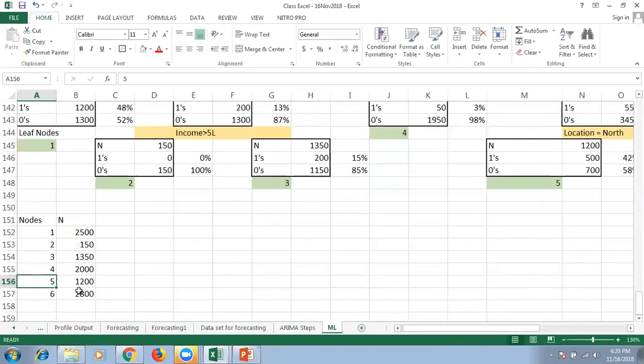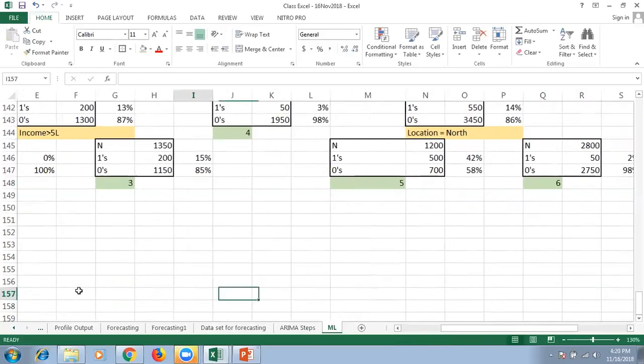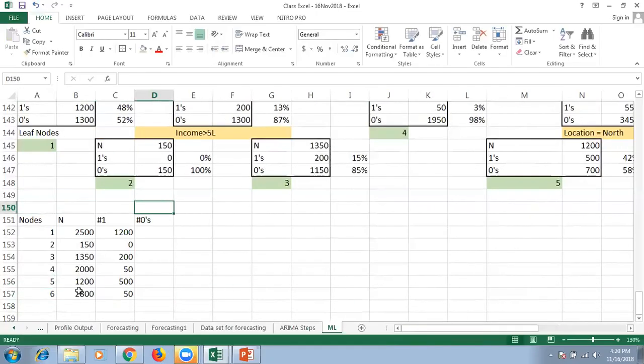Cool. And out of that, how many ones and how many zeros? Ones is 1200 here, and here 0, here 200, here 50, here 500, and how many of them remaining? Total, how many? This one 50, right? So now zeros means how much?